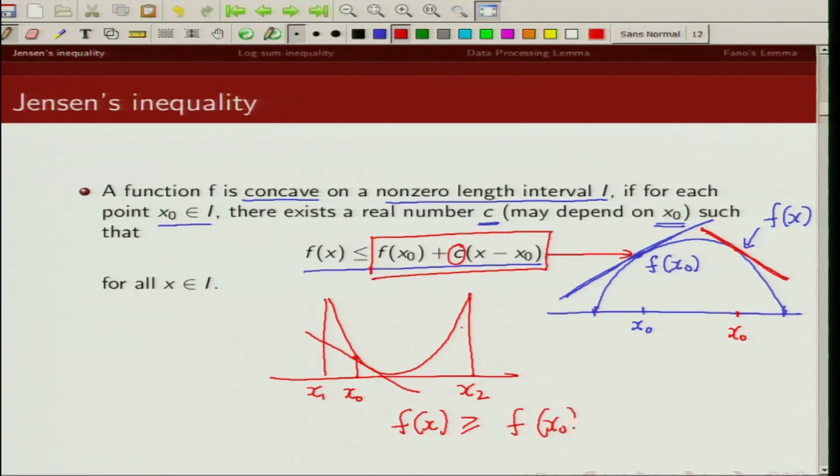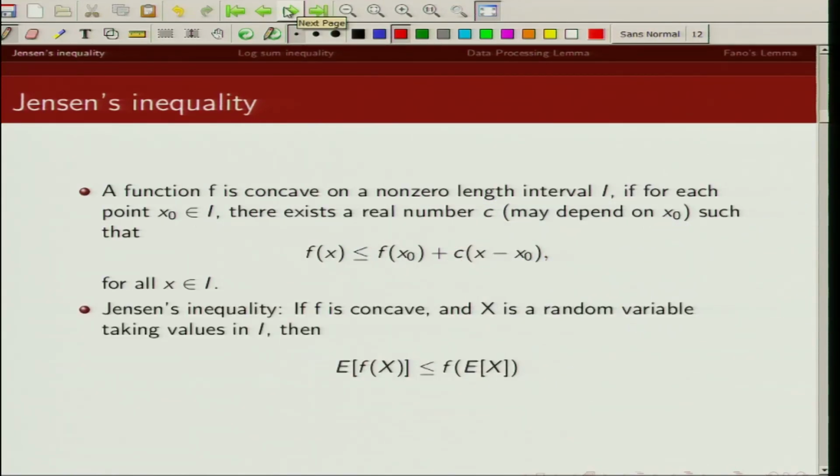This is the condition for the function to be convex, and this is the condition for the function to be concave.